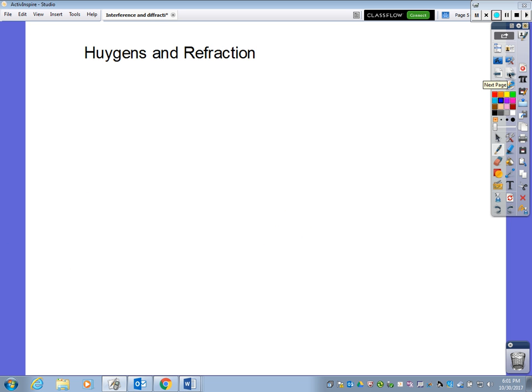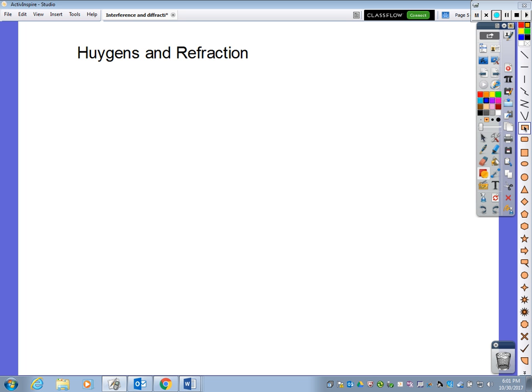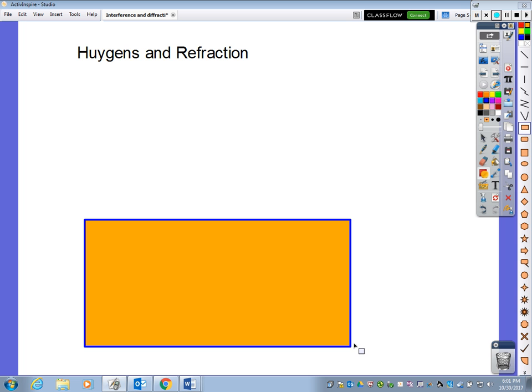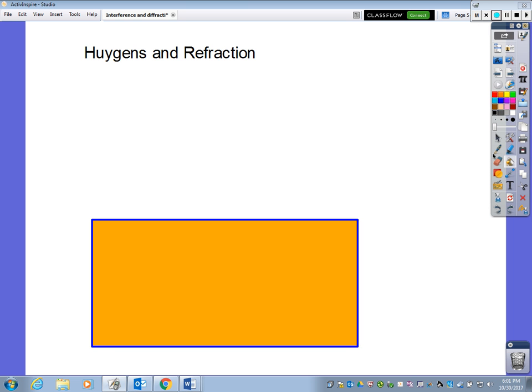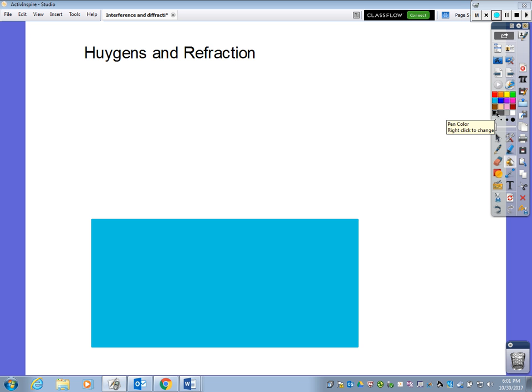Let's think about how Huygens' principle comes into play when we're thinking about refraction. Say we have a ray of light, or a wavefront, going from air into water, for example.